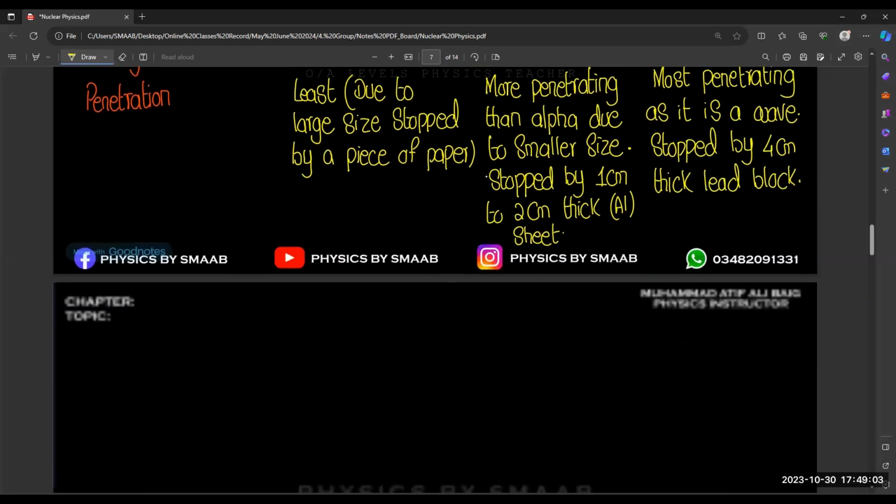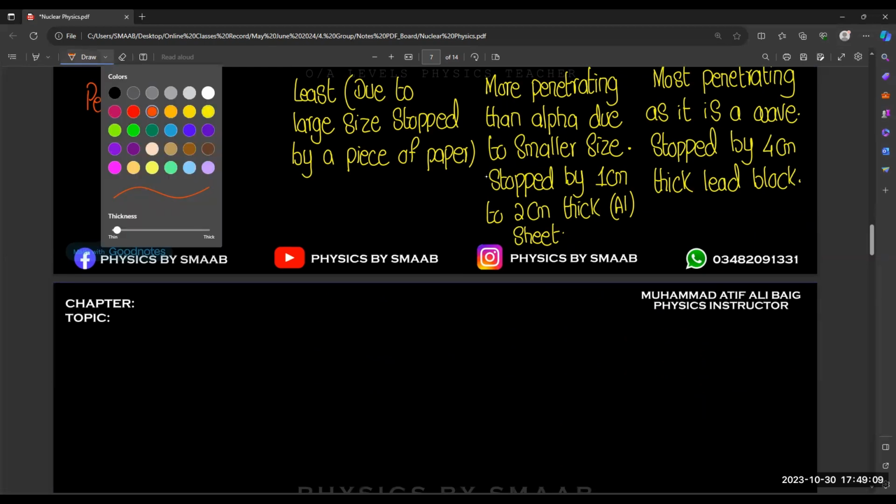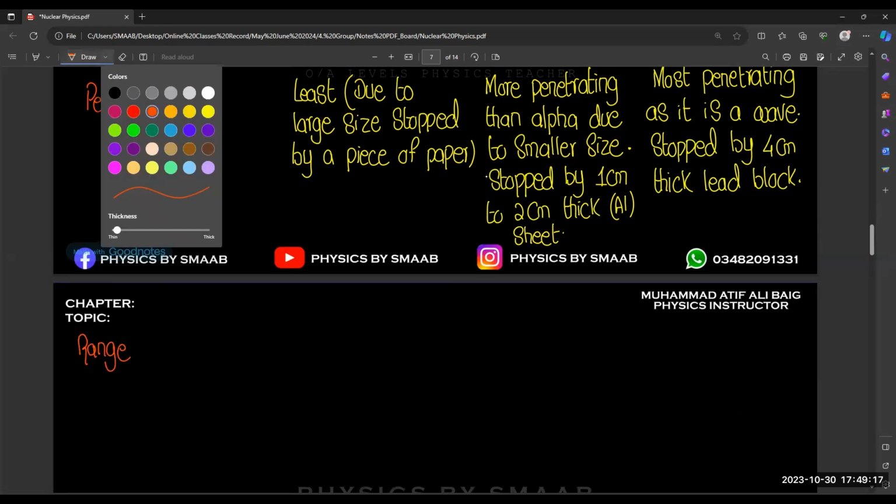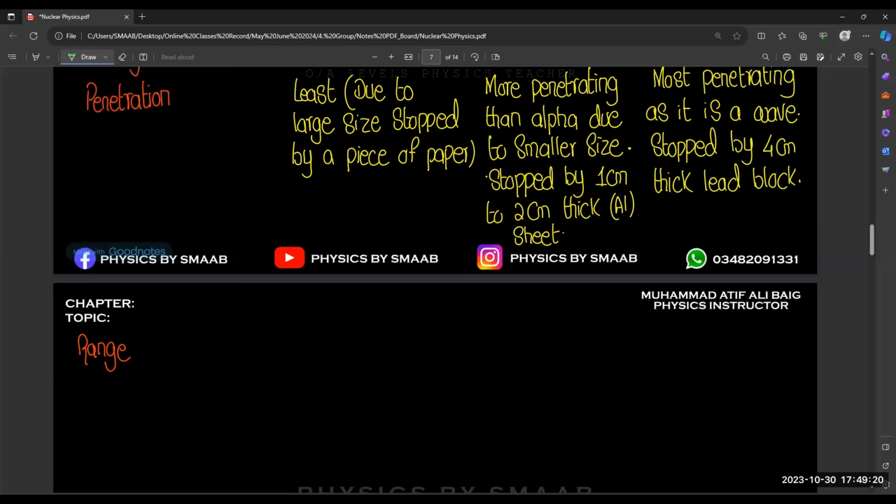And further, if we talk about their further properties, the next concept is related to their range. The range of the alpha particle is about a few centimeter, like 4 to 5 centimeter. So it can only move through a few centimeters, approximately 4 to 5 centimeter maximum.